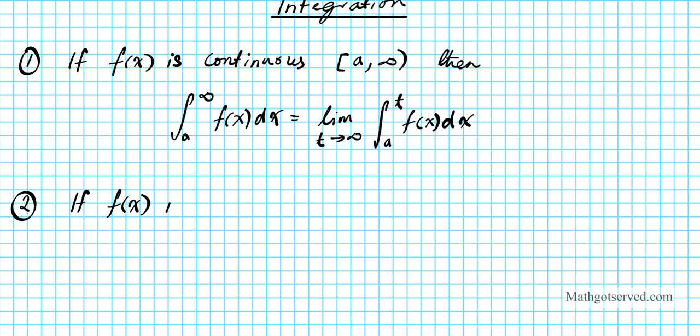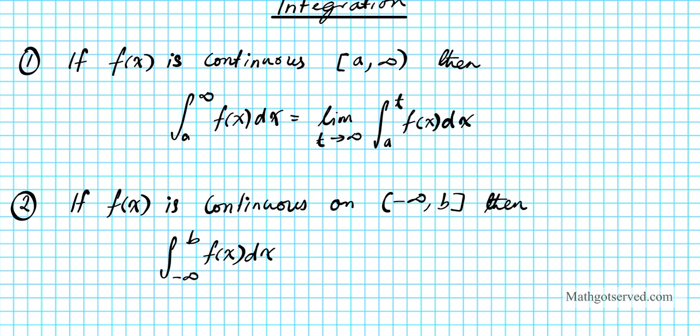If f of x is continuous on negative infinity to b, then the improper integral from negative infinity to b of f of x dx is equal to the limit as t approaches negative infinity of the integral from t to b of f of x dx.